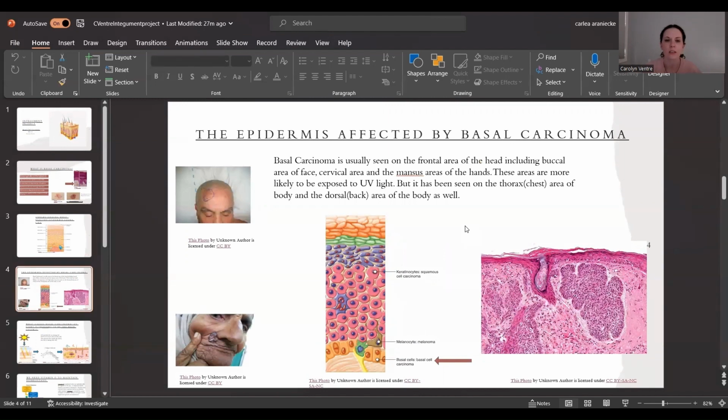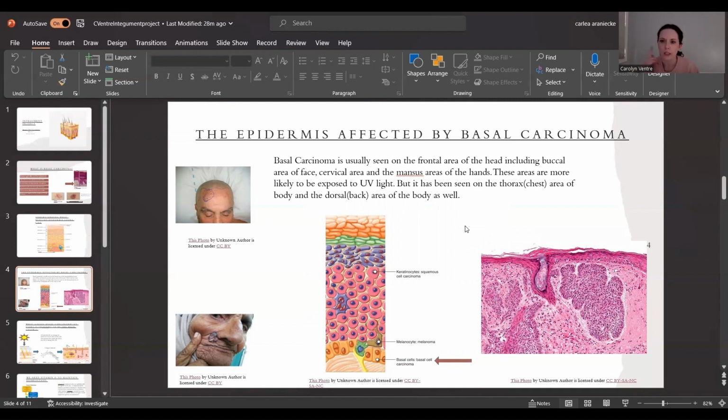If you take a look at this, it gives you an idea of the areas that are affected by basal carcinoma. You can see in the top left-hand corner, I have a picture of a man who has it on his forehead.